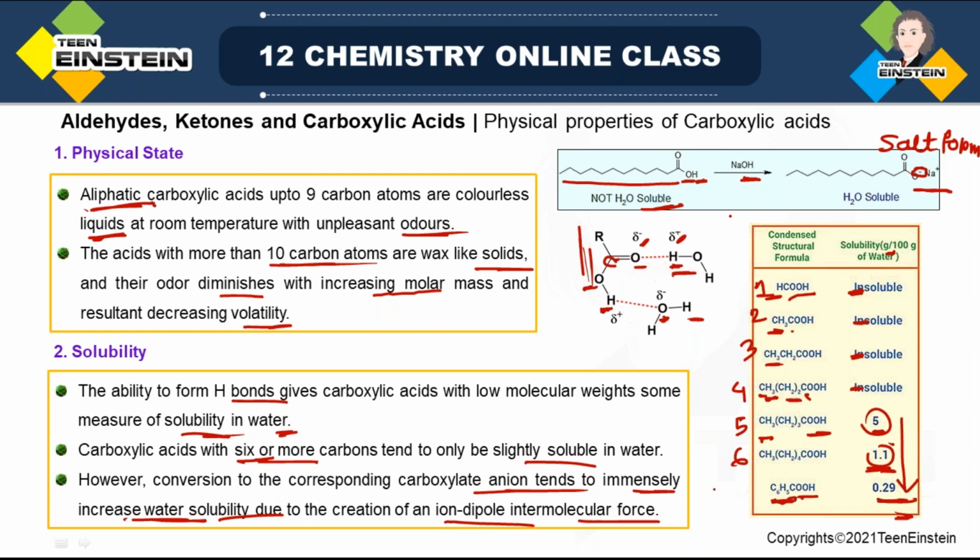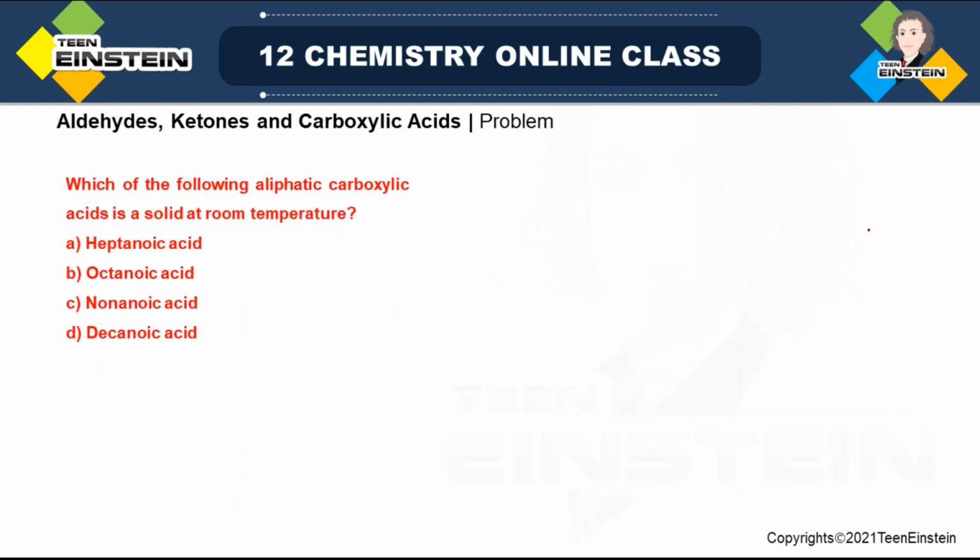And compared to lone pair, when you have fully developed negative charge, obviously the interaction with water will be better. So that is why when you are converting it to some metal salt form, because of creation of an ion dipole intermolecular force, now solubility is possible. So before treatment with NaOH, it is not soluble in water, but after treatment with NaOH, it is soluble in water. So the second physical property is solubility.